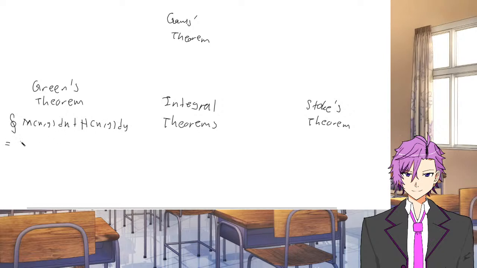The theorem turns this into a double integral over R of the partial derivative of N with respect to x minus the partial derivative of M with respect to y, and then we change that into dA.